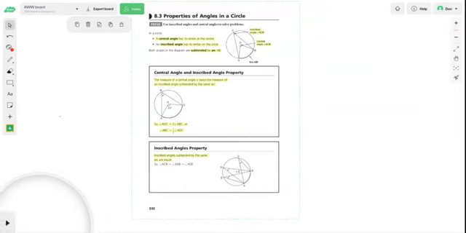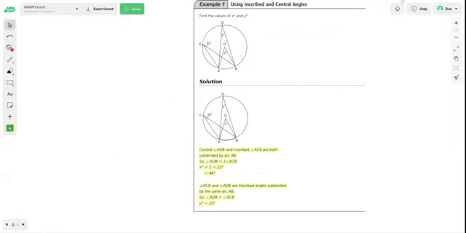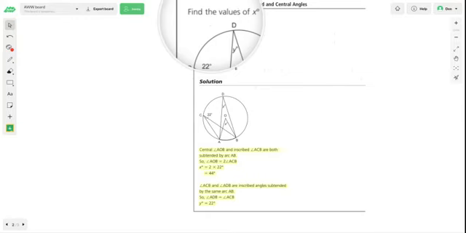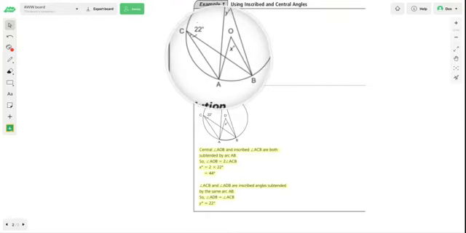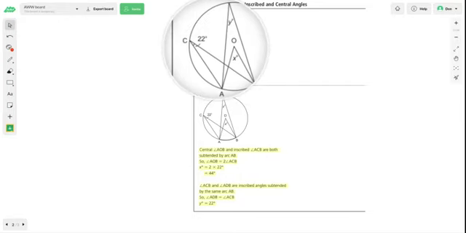Okay, moving forward. So when we're using our inscribed angles, as this says, find the values of angle X and angle Y. Well, there's our arc AB, and there's one measurement right there.